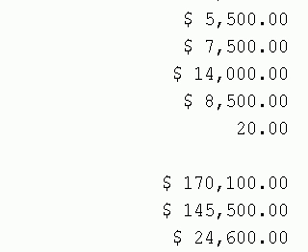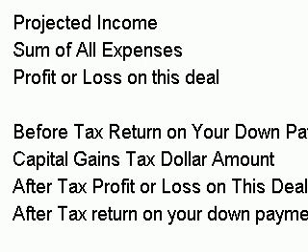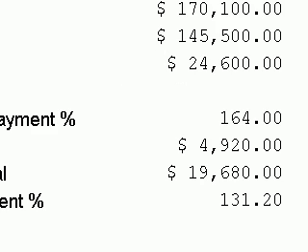Then the calculator calculates a before tax and after tax return on your down payment, because that is the money you put at risk. And the financed amount was putting other people's money at risk, so that doesn't count. Although it would count if, of course, you foreclosed or something, but for these calculations, it does not count.